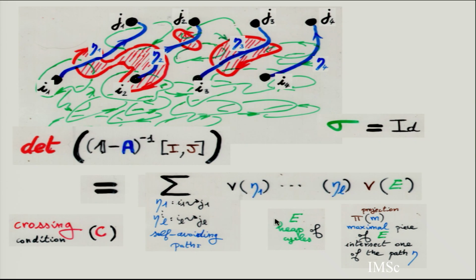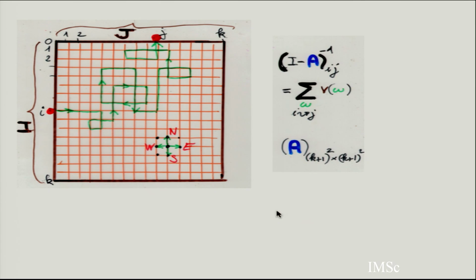I will conclude. Oh, I went fast. I will conclude with a funny theorem. Suppose you take the square lattice, and the adjacency matrix of the square lattice from 0 to k is of size (k+1) squared times (k+1) squared.